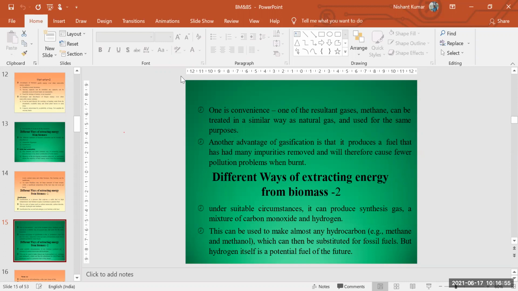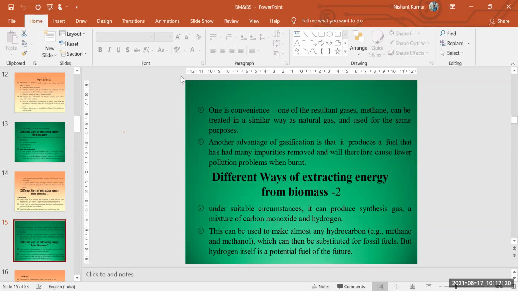Another advantage of gasification is that it produces a fuel that has had many impurities removed and will therefore cause fewer pollution problems when burnt. This is another benefit.